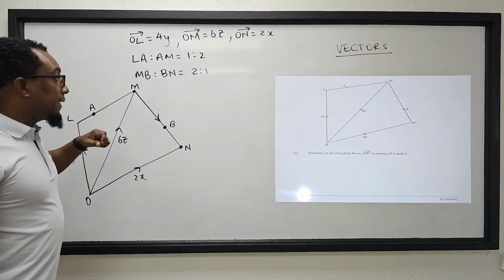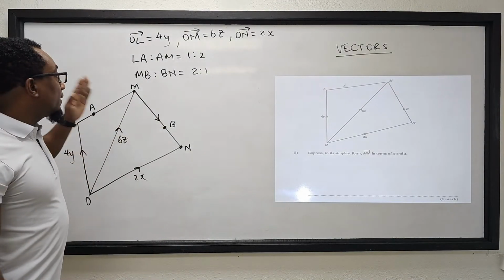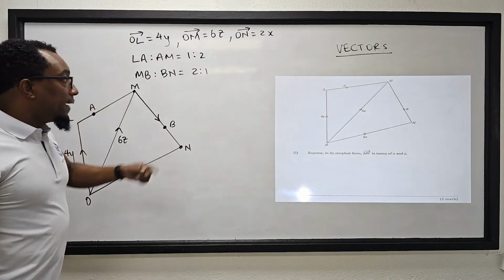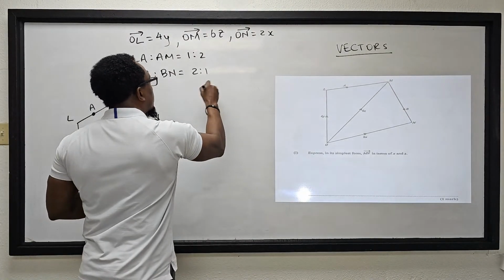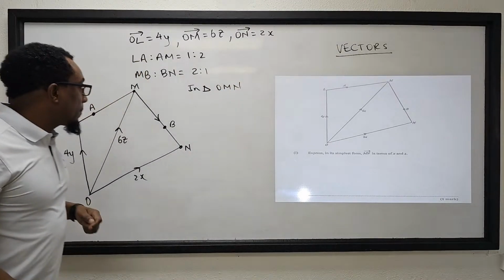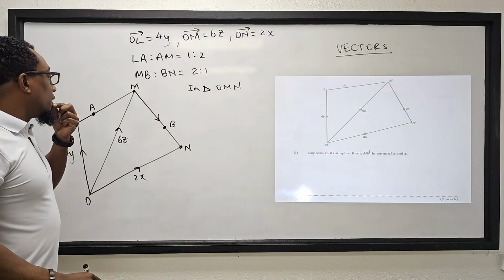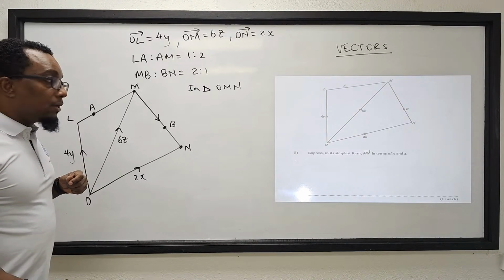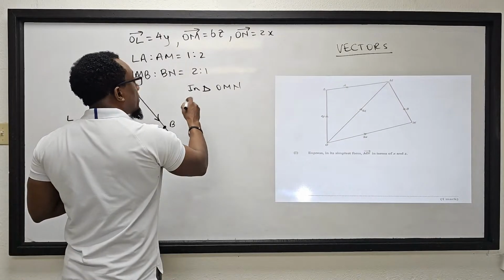MN does fall within a triangle, which I'll call triangle OMN. We want to determine what vector MN is, and to find MN we always use the triangle law.